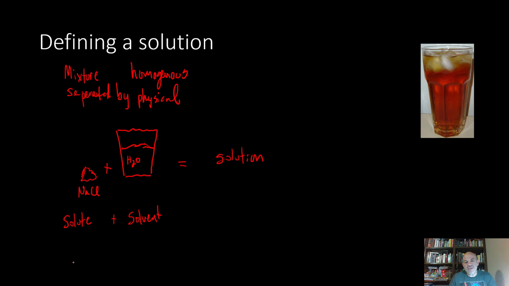Now, when the solvent is water, okay, and we dissolve something like sodium chloride, you can put sugar in there, or any other thing that can dissolve in there to make a solution. Whenever water is the solvent, then we call them aqueous solutions.